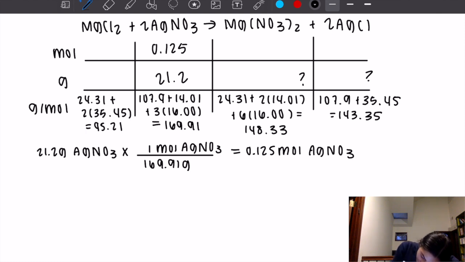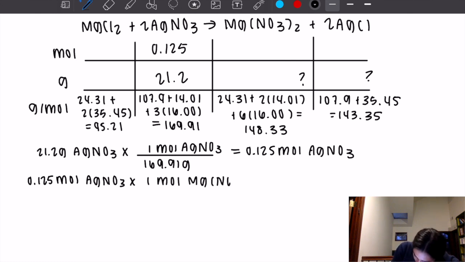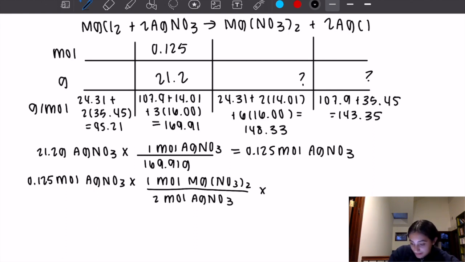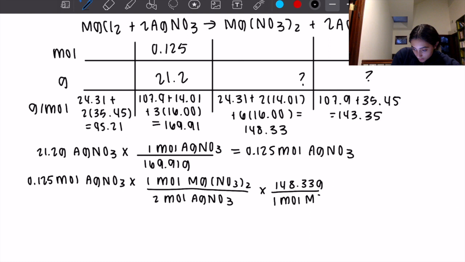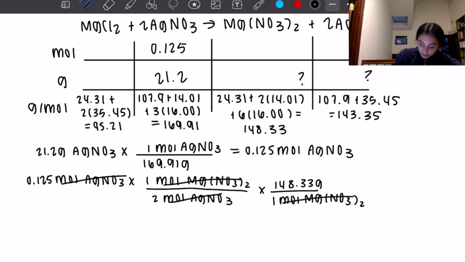So I'm going to write 0.125 moles AgNO3 times 1 mole Mg(NO3)2 per 2 moles of AgNO3, and then I can multiply by the molar mass of Mg(NO3)2, and then these units cancel out, and I can just go straight ahead and multiply.